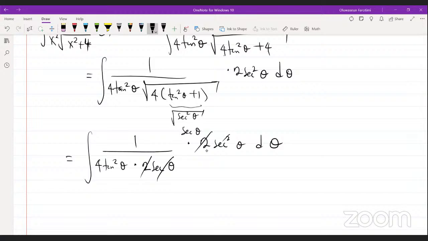This takes off 1 copy of this, so that means I have a 1/4. It's a constant, so you can pull it up front. You have the integral of secant of theta over tan squared of theta d theta. So I've got to figure out what else I can do. How can I integrate this? Sometimes to solve the problem you lead to another problem, but there's always going to be a way out. All right, so what do I know, guys?